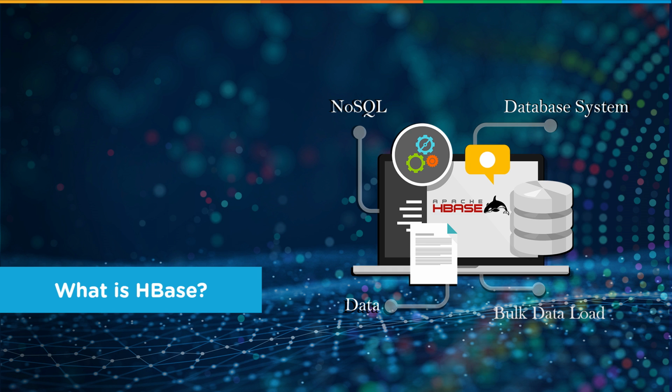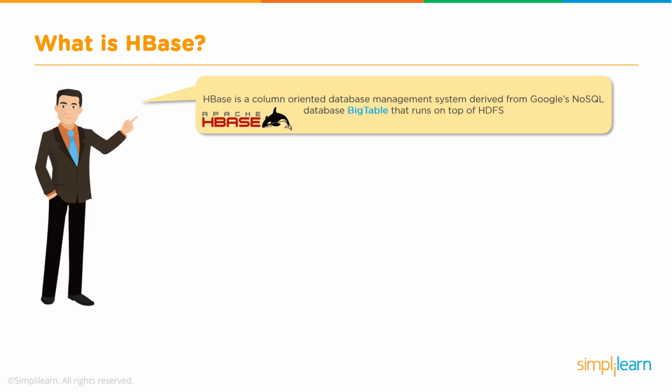So what is HBase? HBase is a column-oriented database management system derived from Google's NoSQL database, Bigtable, that runs on top of the Hadoop file system, or the HDFS. It's an open source project that is horizontally scalable, and that's very important to understand, that you don't have to buy a bunch of huge expensive computers.